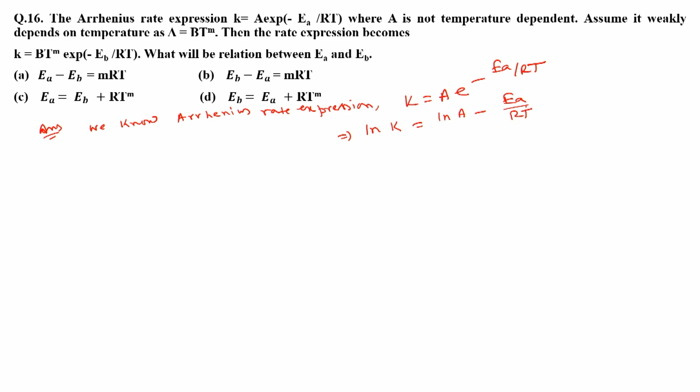If we differentiate this with respect to temperature, we get d ln K by dT is d ln A by dT, which is 0, plus Ea by RT square. Suppose this is our equation 1. This is 0 because A is independent of temperature.